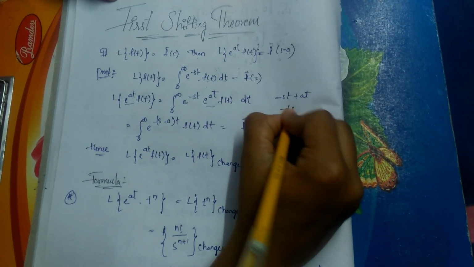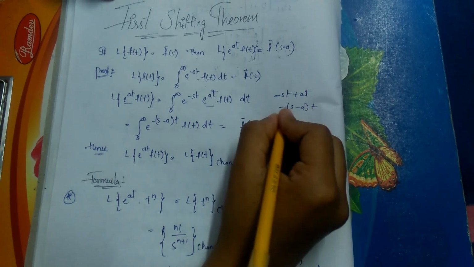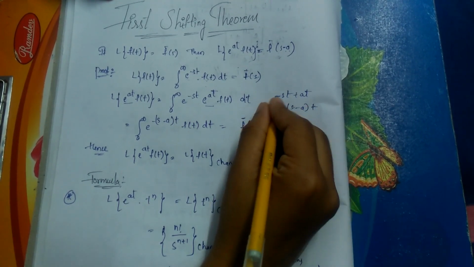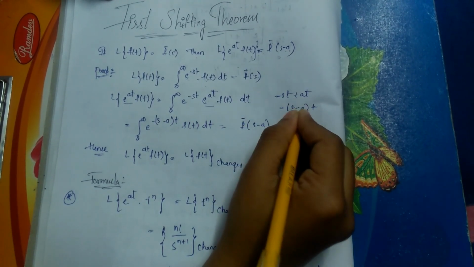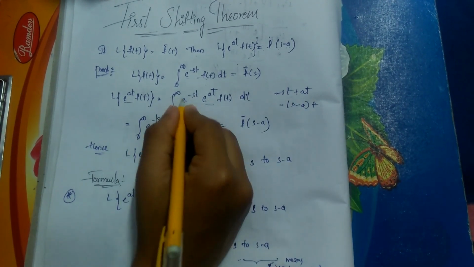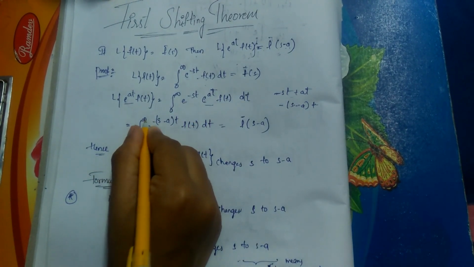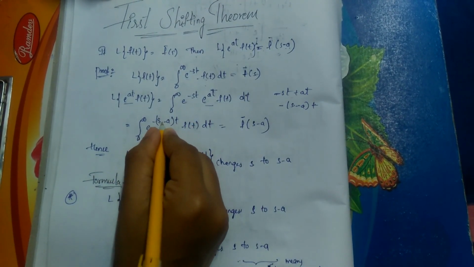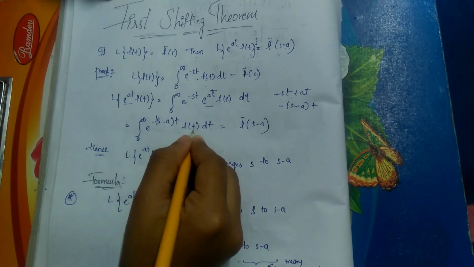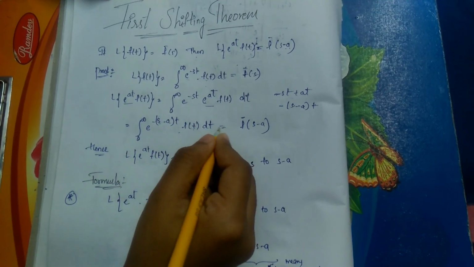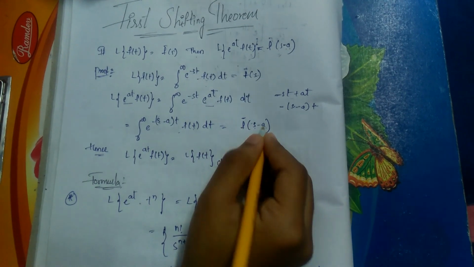So minus of (s minus a) into t, since minus into minus gives plus at. So we can write it as the integral from 0 to infinity of e^(-(s-a)t) into f(t) dt, that equals F bar of (s minus a).